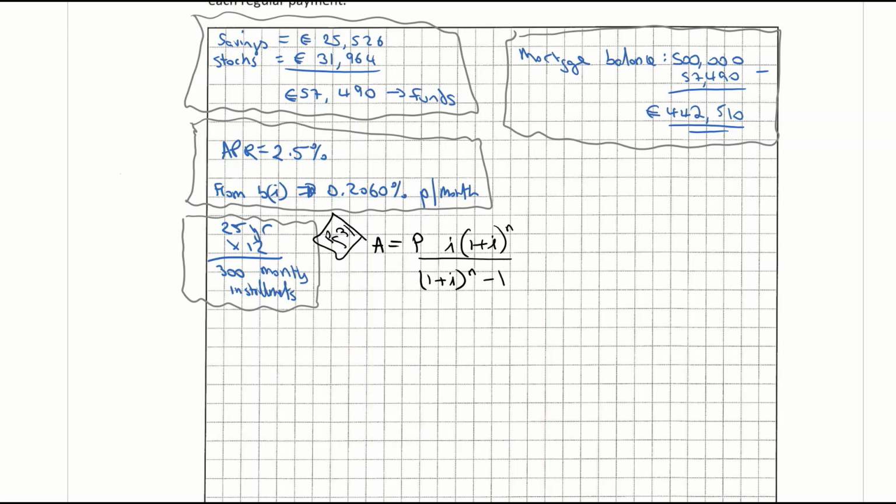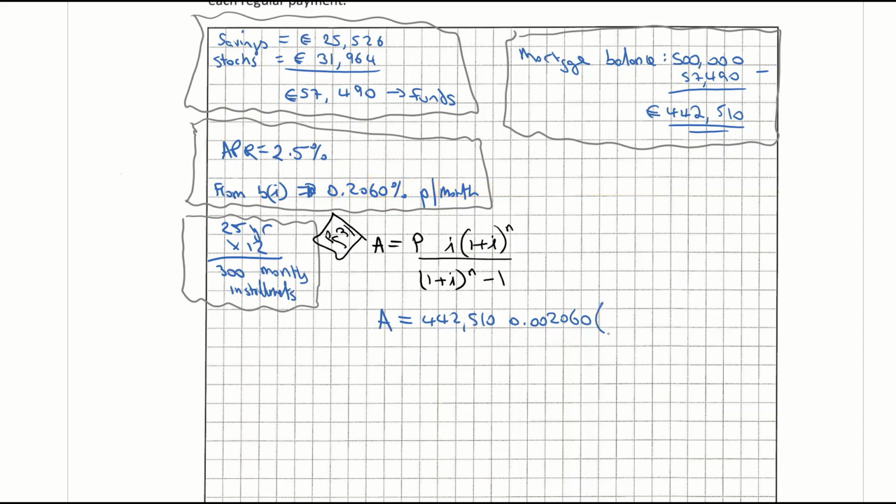And filling that in now, A is basically going to find us the monthly installment. So the A stands for the installment. The P stands for the lump sum, the mortgage amount, which is €442,510. So that's the P. The interest rate is I, which is 0.002060. So again, we're dividing this figure here by 100.